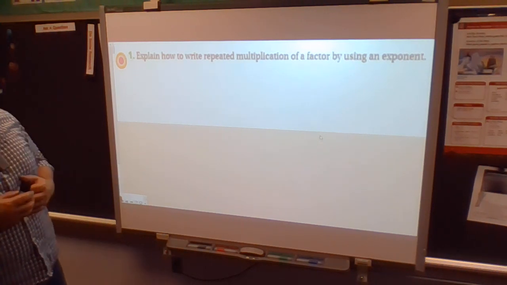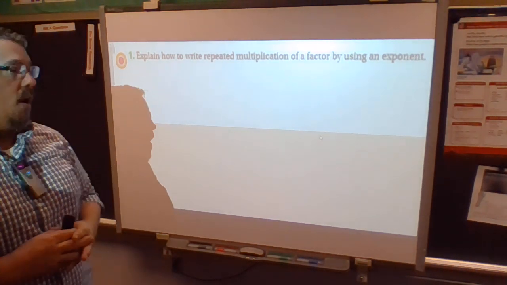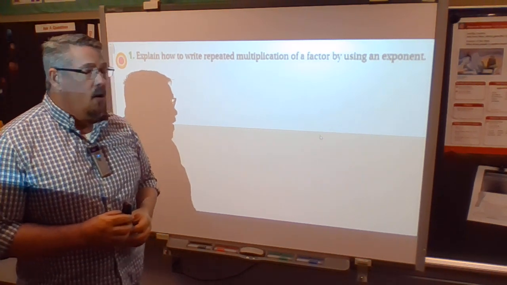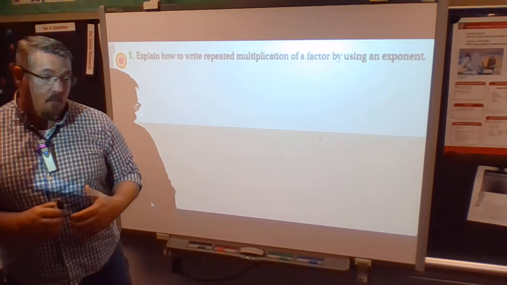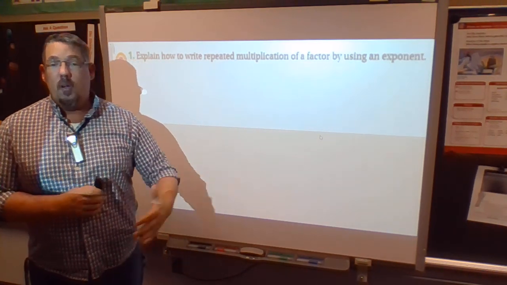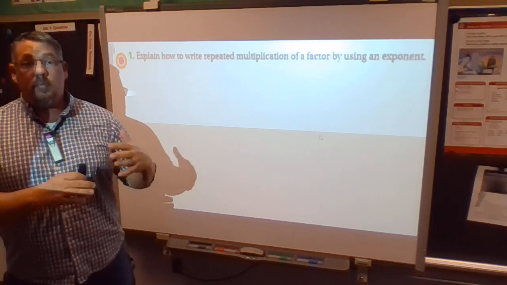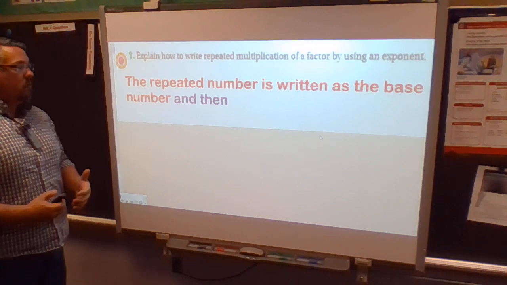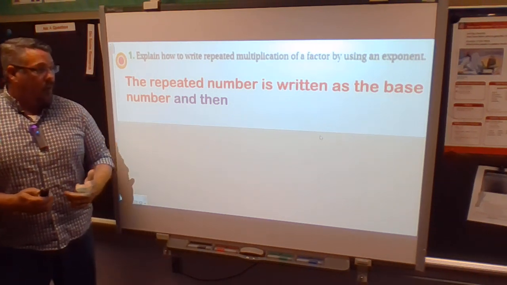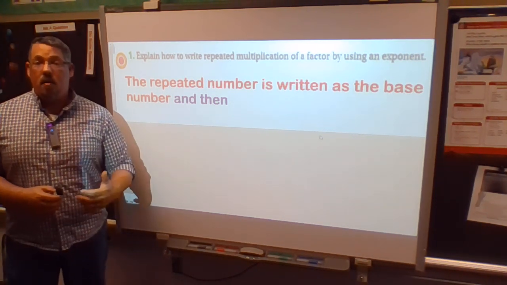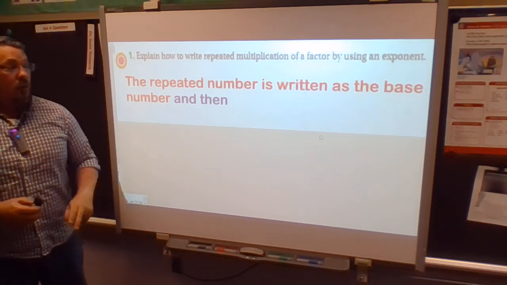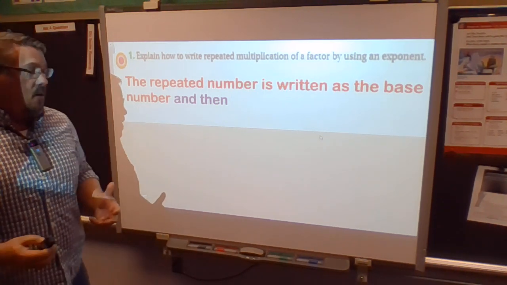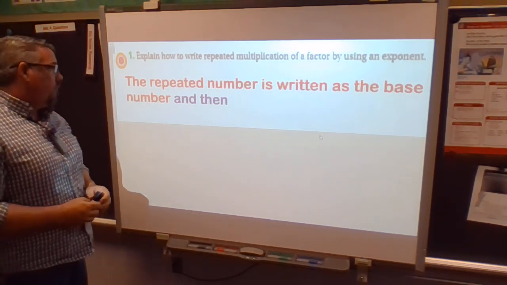All right, so now this is one of my explanation questions that I have to do. Explain how to write repeated multiplication of a factor by using an exponent. So seeing a multiplication problem where it's the same number, how do I write it as an expression using an exponent? The first thing I have to do is figure out what my base is. There are 2 steps to it. The repeated number is written as the base number, the large number, but mathematically it's called the base.